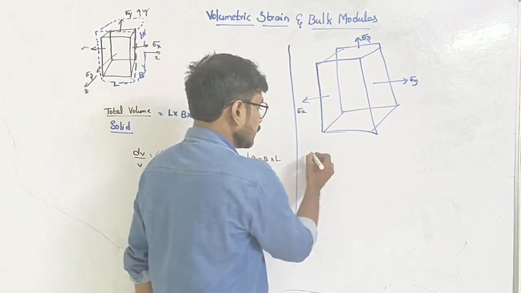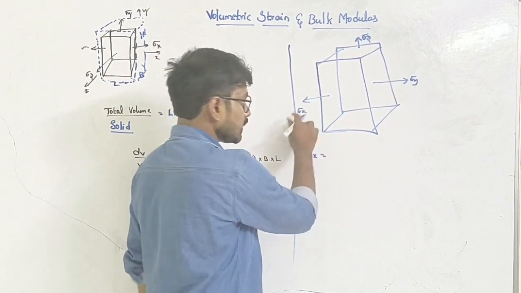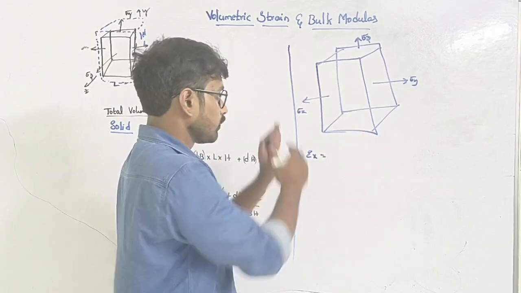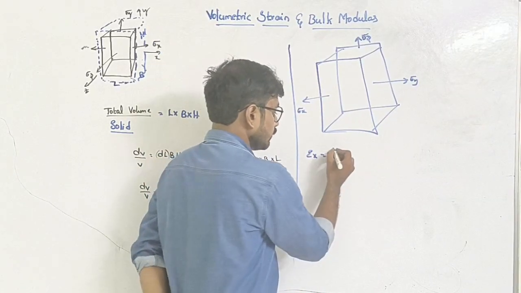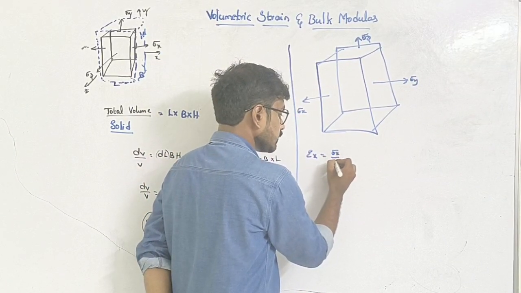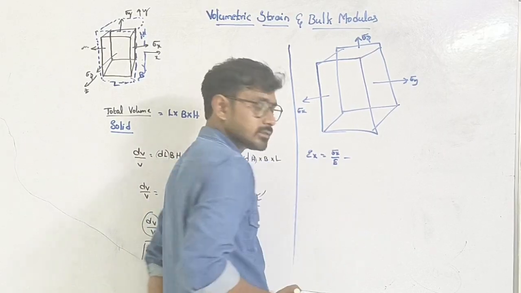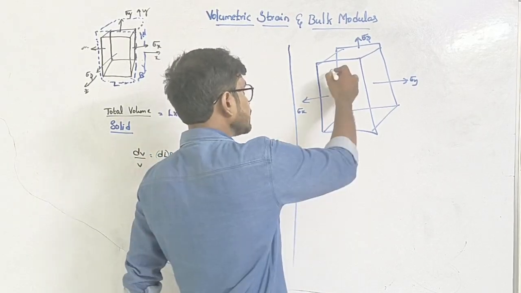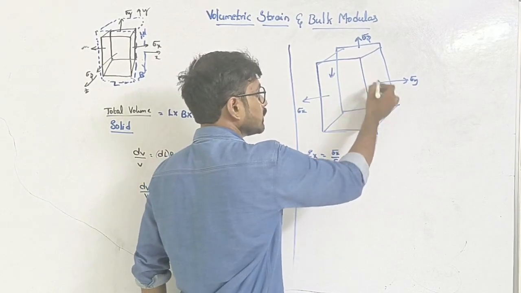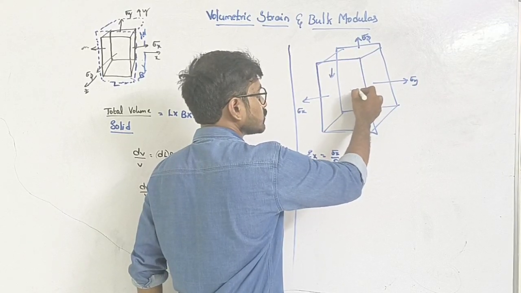If there are three stresses acting on the body, we can write the strain in the x direction as sigma x by E minus the lateral strain. The x direction stress will cause lateral strain in the other two directions, y and z, also.